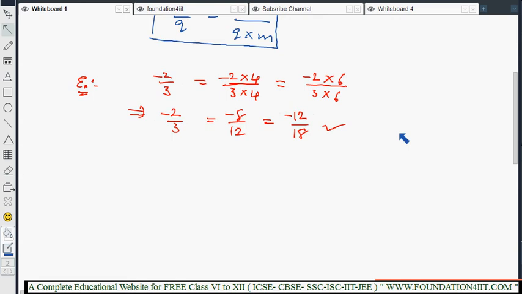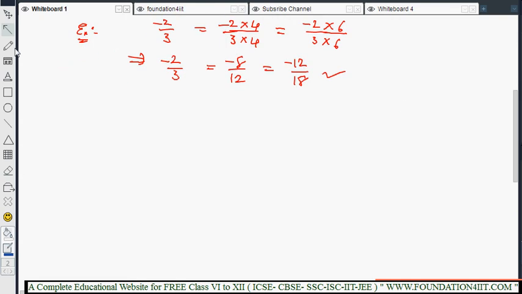Now let us see property 2. In the first property we did multiplication of numerator and denominator. Now this is just division.